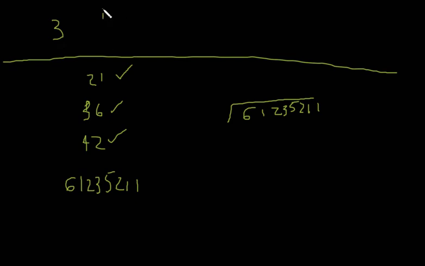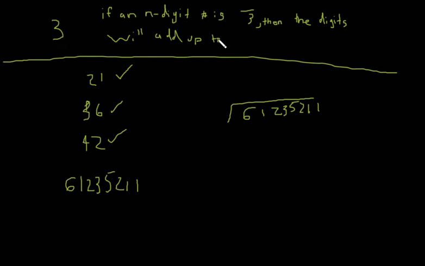All right, I'm writing something down. If an n-digit number is divisible by 3, then the digits will add up to a factor of 3.